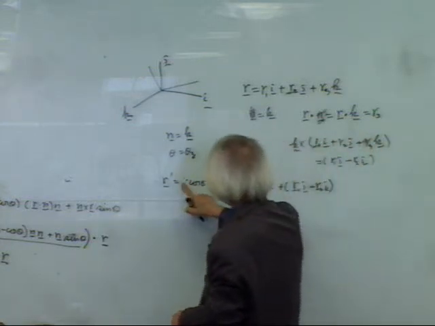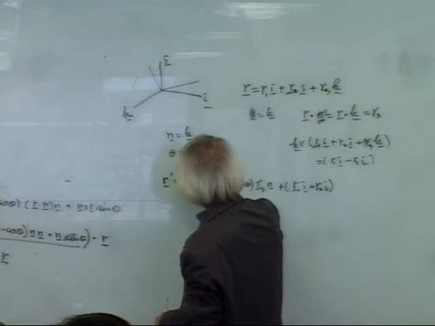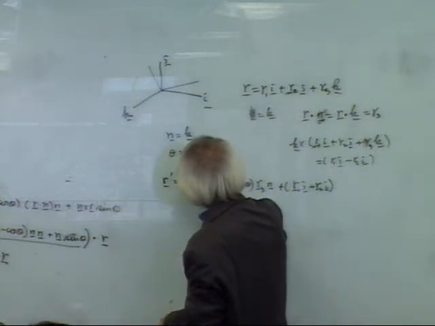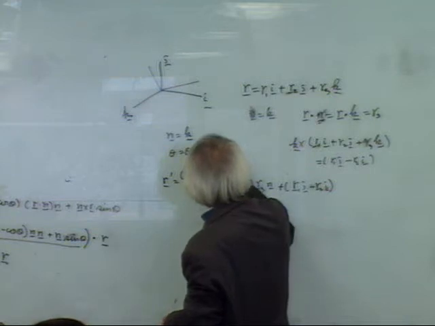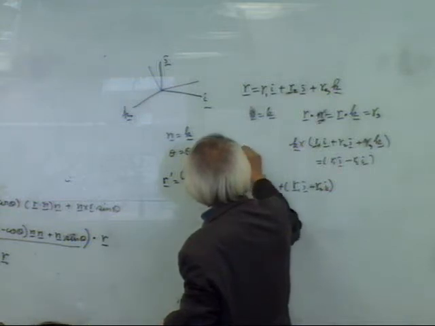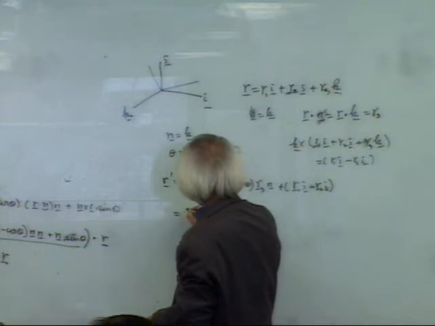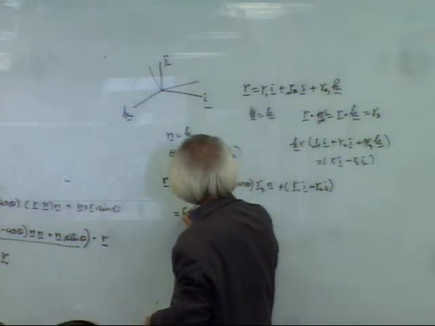And this guy, I can just rewrite the whole thing as R1 I plus R2 J plus R3 K. So I'm going to write this guy, okay?